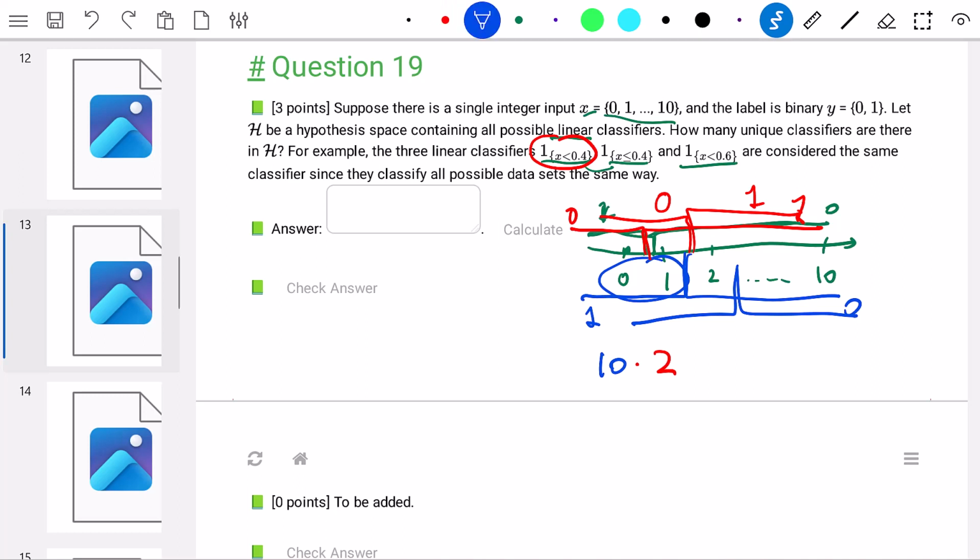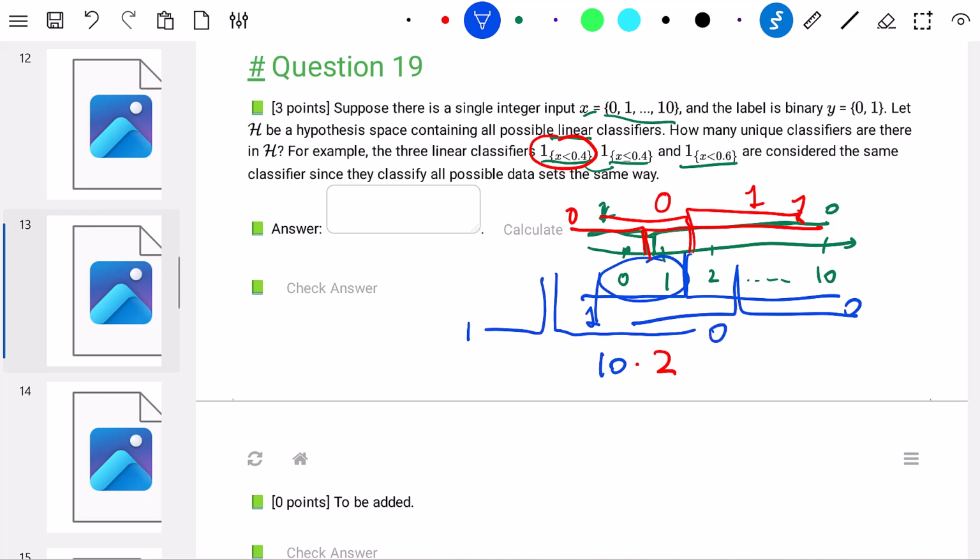They are basically classifying everything as 0. So what we can do is say anything larger than, say, -1 is classified as 0. Everything smaller than -1 is classified as 1. It doesn't really matter because all the numbers must be larger than -1.